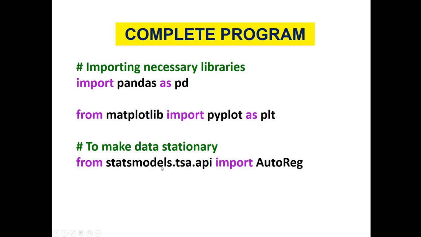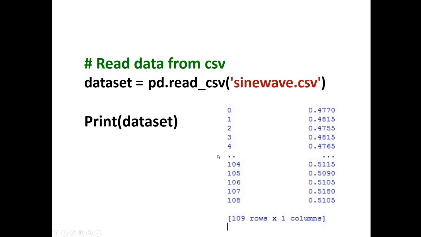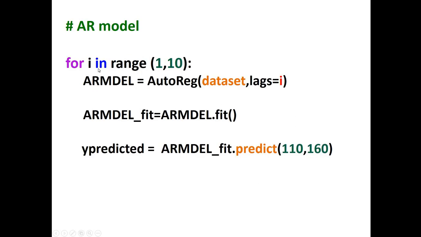So you are using the statsmodels library, and you are importing autoregression. You can see that, and the first thing you do is read. You have a data set which is a distorted fluctuating data set. Sinewave.csv is nothing but an Excel file which has columns which look like this. It has 109 rows and one column, and now you have a loop, i varying from 1 to 9, and this is used as a lag order which will go in here.